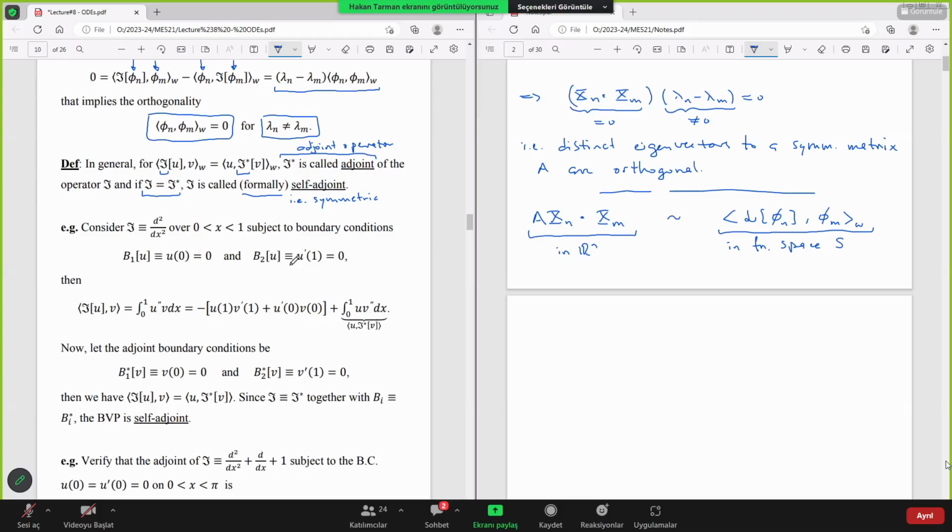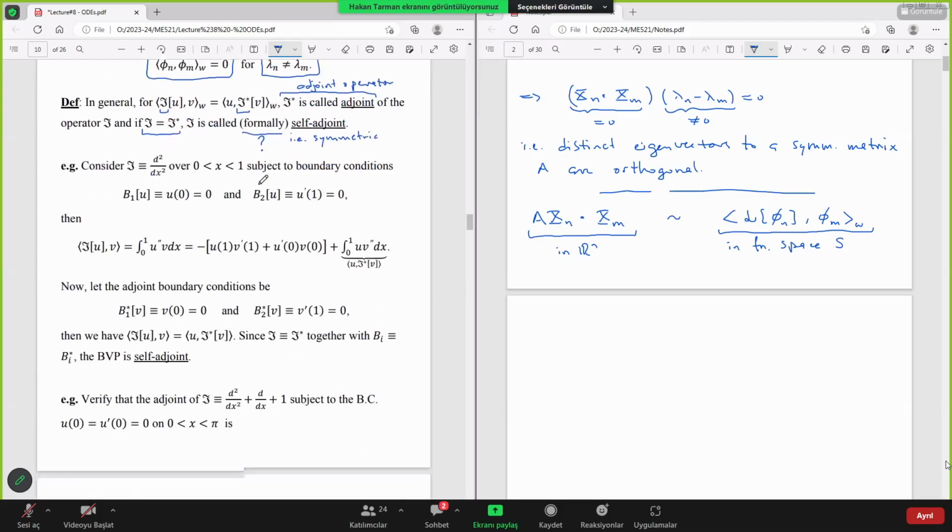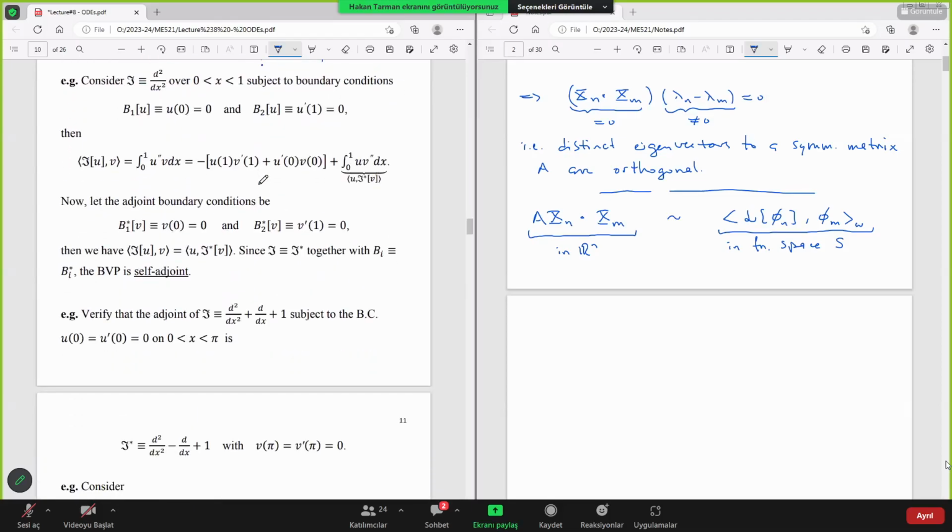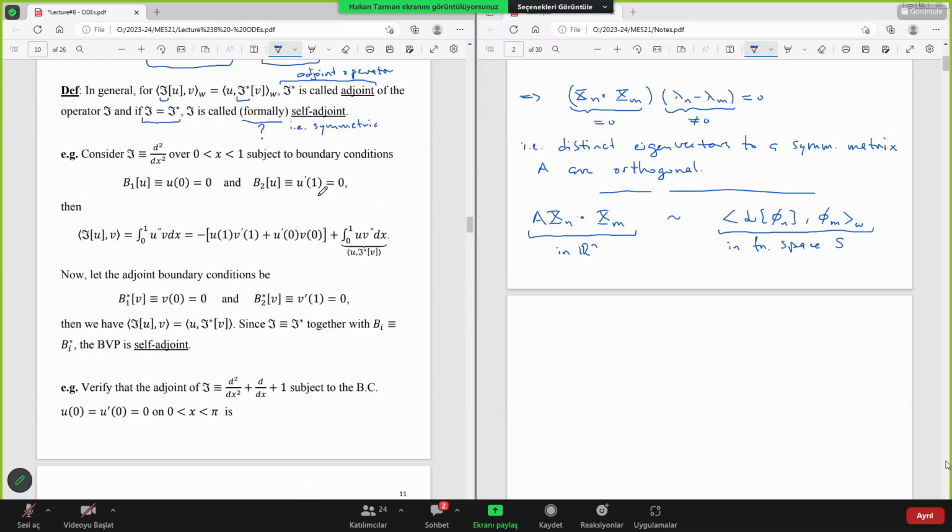You see this formula here? Let me put a question mark under this. If you remove this formula, you only have self-adjoint, okay? Formally means we don't consider the boundary conditions, okay?